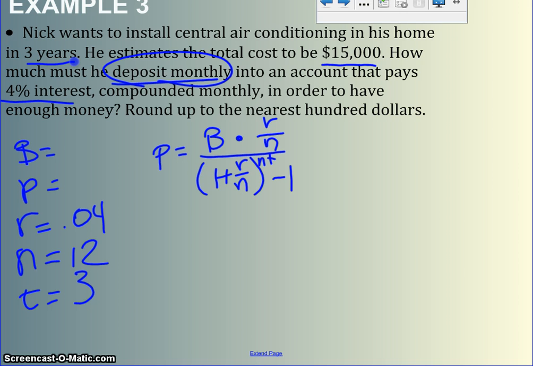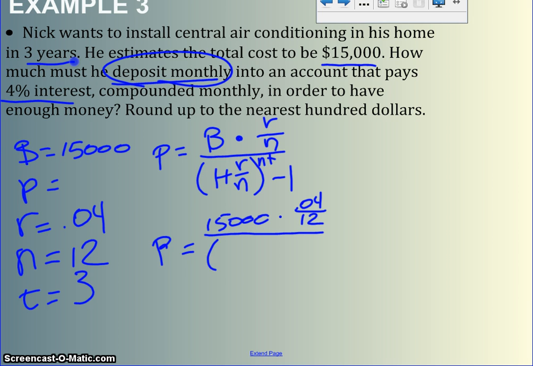So plugging those values in, we knew that it was $15,000. So I've got principal equals 15,000 times the 0.04 divided by 12.